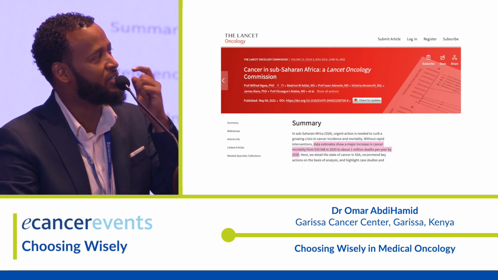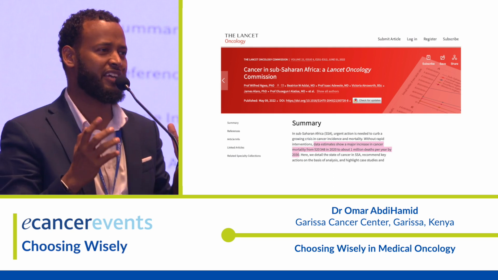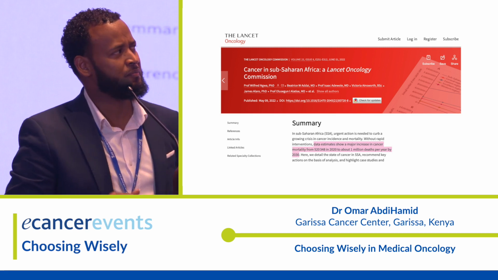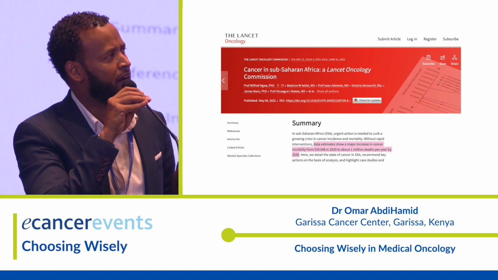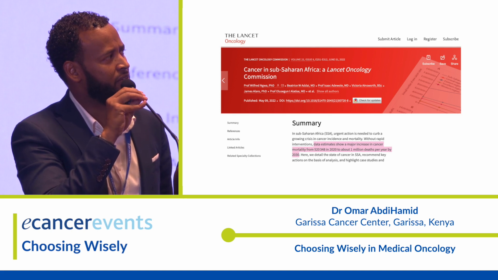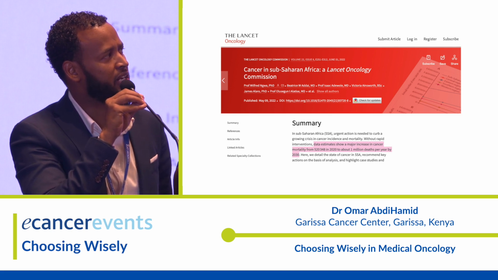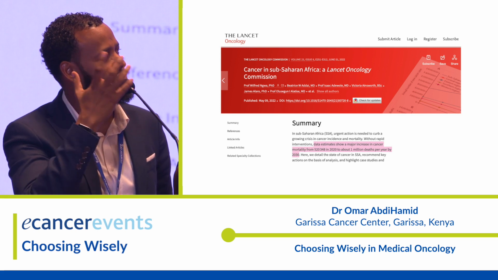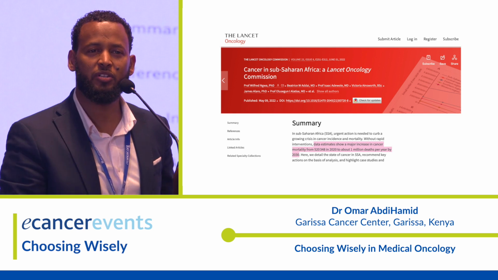Speaking of low and middle income countries, which I will say Cambodia is probably in that bracket, me and my other colleagues summarized a paper published in the Lancet, talking about the state of the cancer care landscape in low and middle income countries.